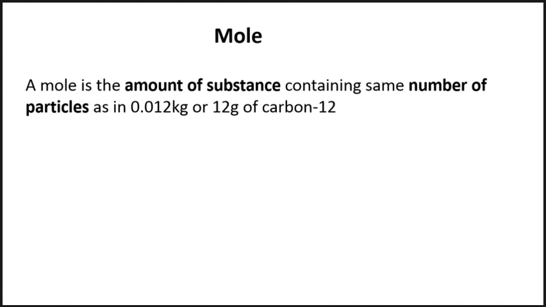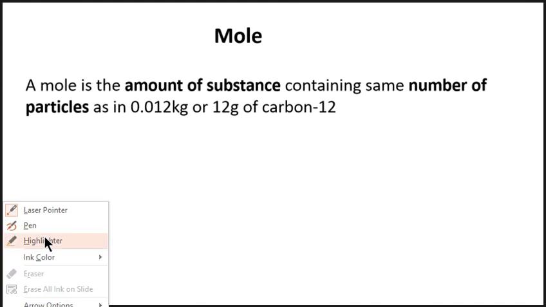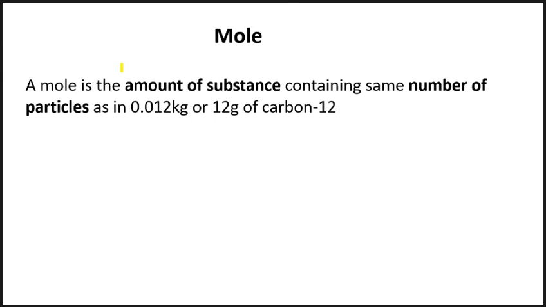There are two salient points there that you need to take note of, and that is the word amount of substance. Just as I said the other time, one of the major fundamental quantities that can be related to ideal gas is amount of substance, which is measured in mole.